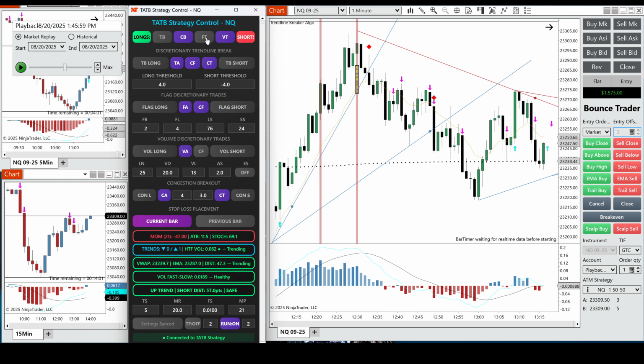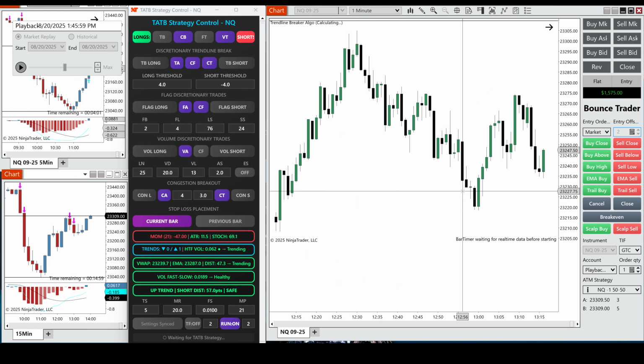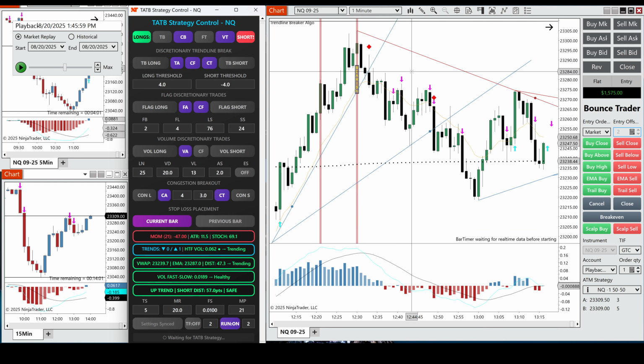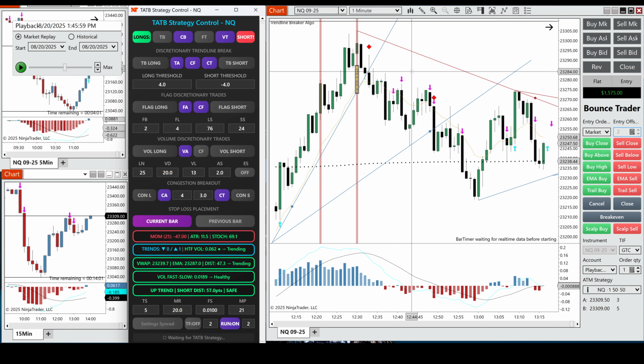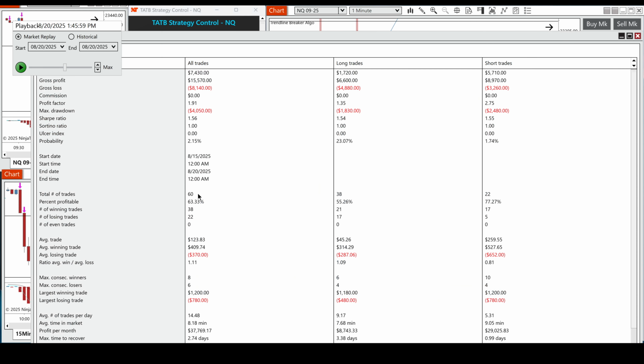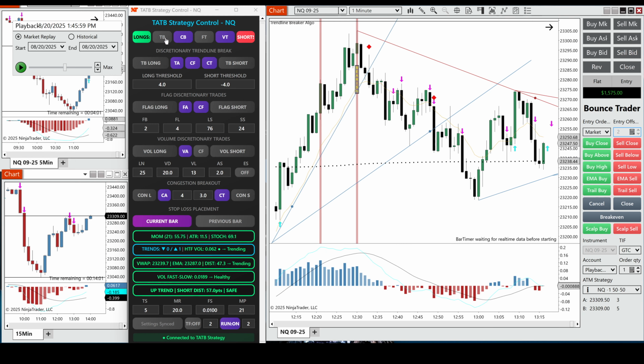I decided to select trade only these two, because if you look, and this is actually the real settings that I'm using. So if we take a look, we have 60, 63%, and by adding more, you're not really adding much.